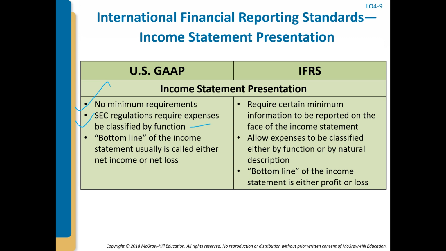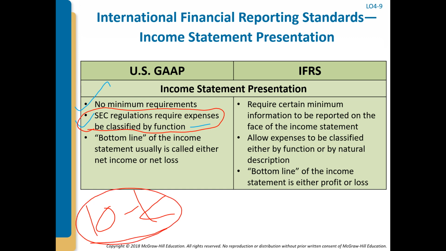So this is really important, because when you are submitting the 10K files, which is the annual file, or the 10Q file, which is the quarterly file, you need to classify the expenses by their functions. The bottom line of the income statement is usually called either net income or net loss under US GAAP.